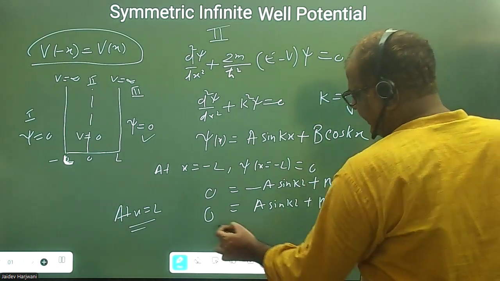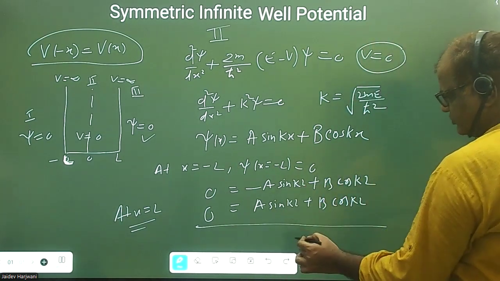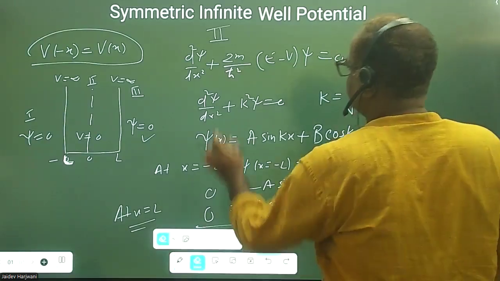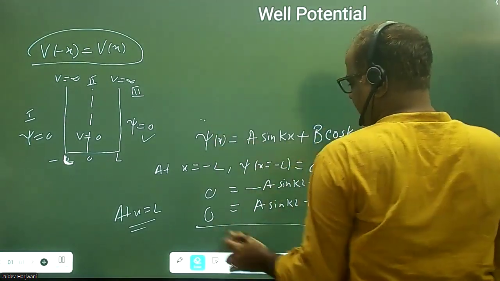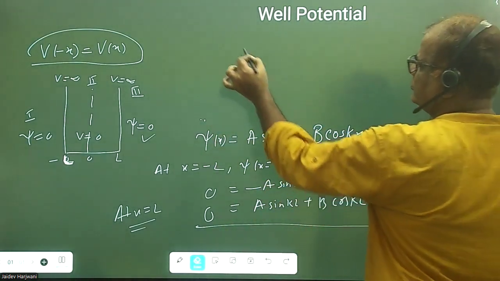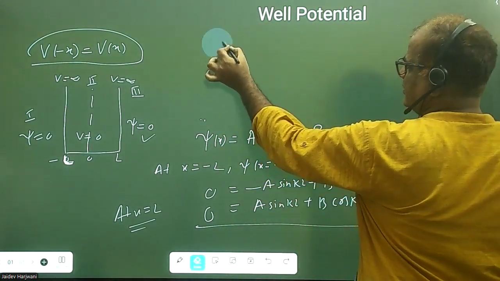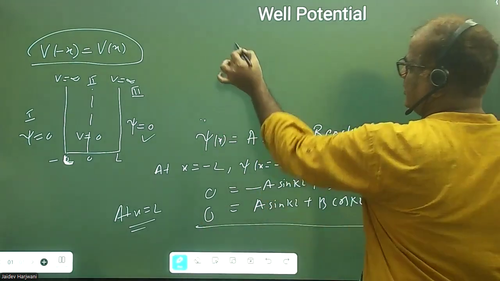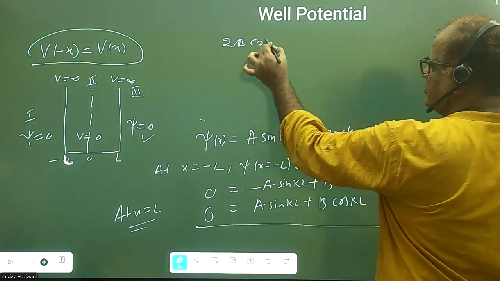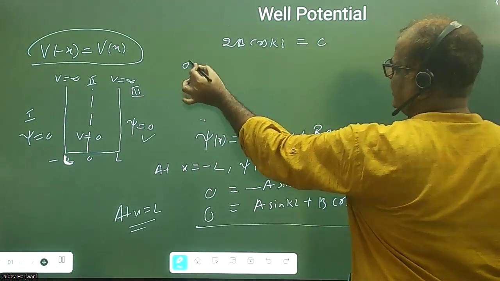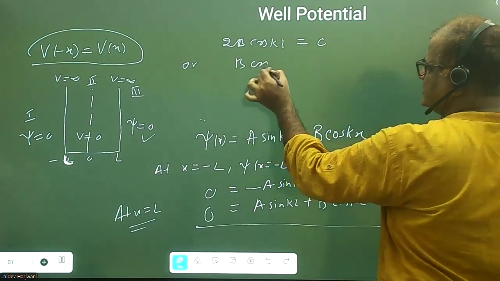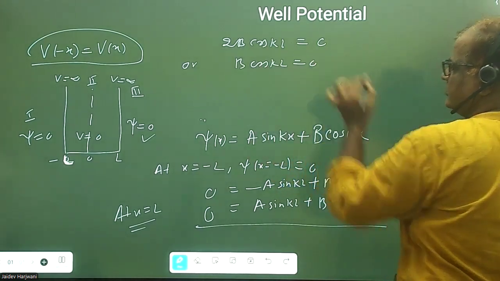If I add these equations, what will it give me? Adding these equations will give me 2b cos KL equals 0, or you say b cos KL equals 0.